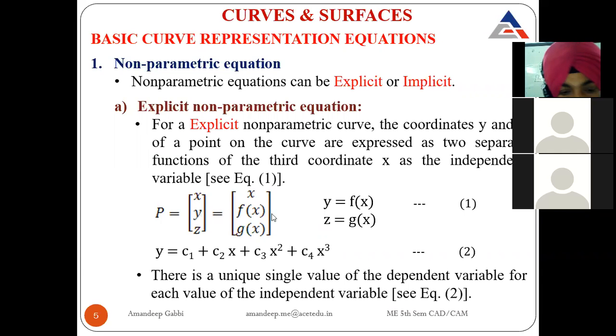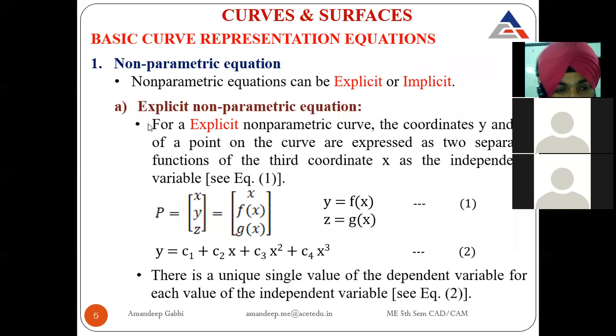Y is a function of x. Similarly, z is a function of x. That can be x square or 3x, 4x, whatever, according to the equation. But in an explicit equation, for the point P, two of the coordinates will be separately dependent on the third one.